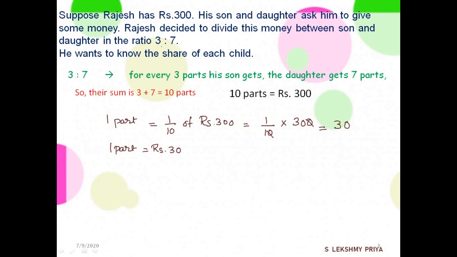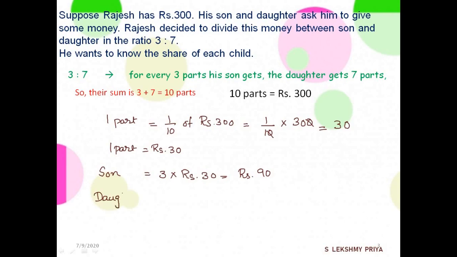Now 3 parts will be given to his son. So how much will the son get? The son gets 3 parts, 3 times rupees 30. It is rupees 90. The 7 parts are going to the daughter.